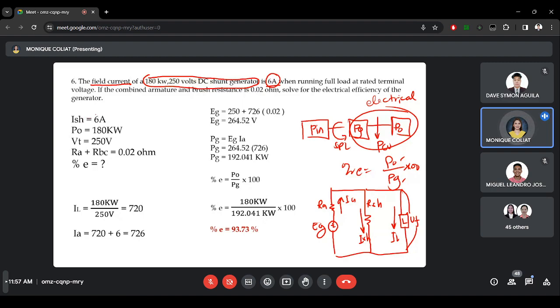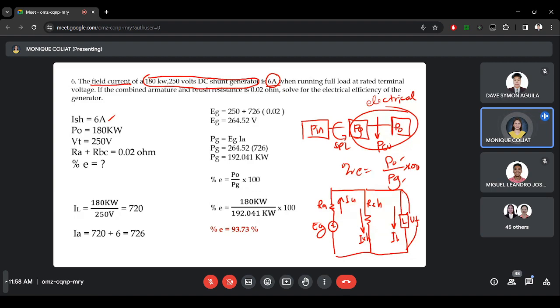Saan po galing yon? Di ba yung ating Ohm's law is I is equal to V over R? So they are inversely proportional. So when your R is low, your current is high, and when your resistance is very high, then your current is low.